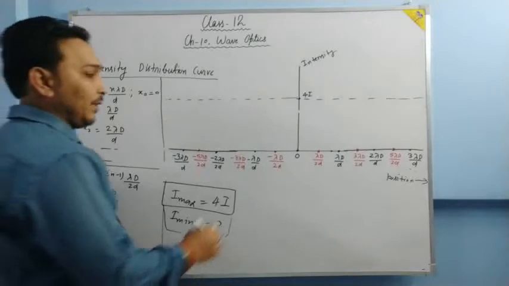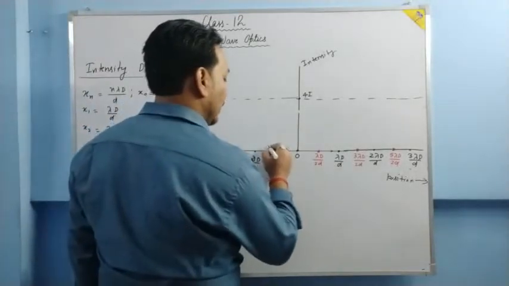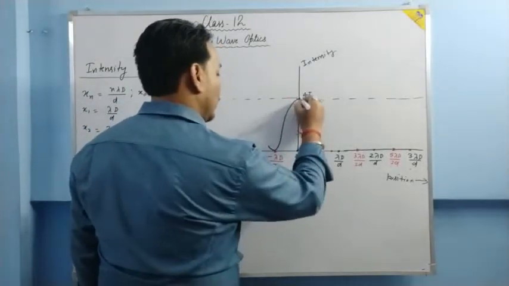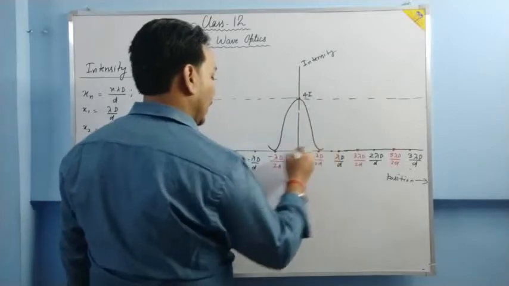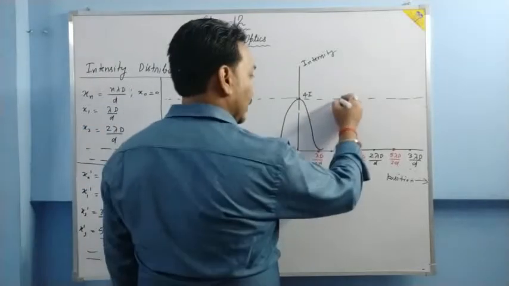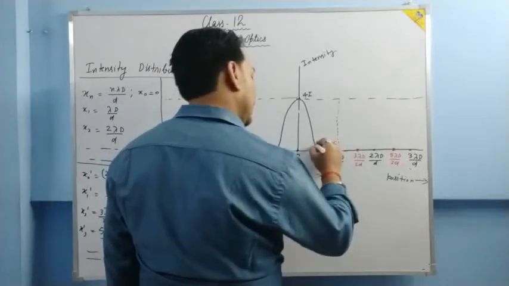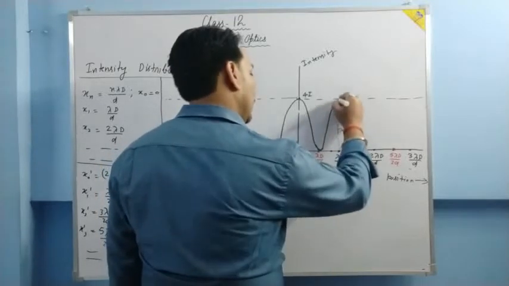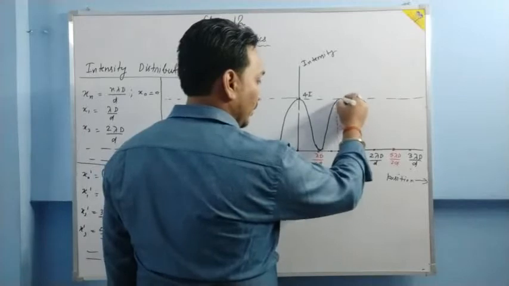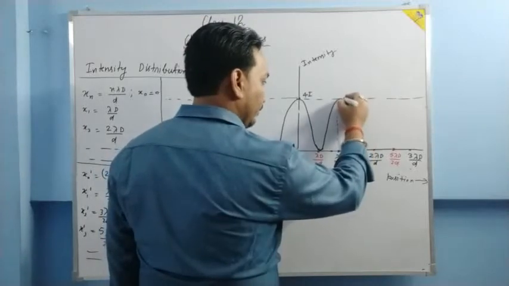The first maximum intensity is at central maximum, and here it is minimum. Then the second maximum is at lambda D by d, and here it is minimum.